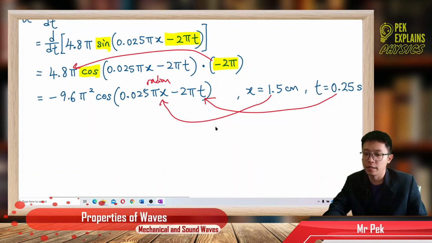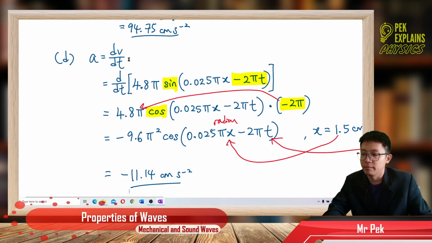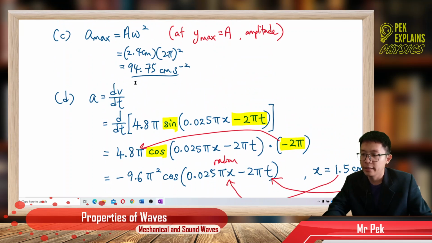Use a calculator and the answer you will get is negative 11.14 centimeter per second square. Again, why centimeter per second square?